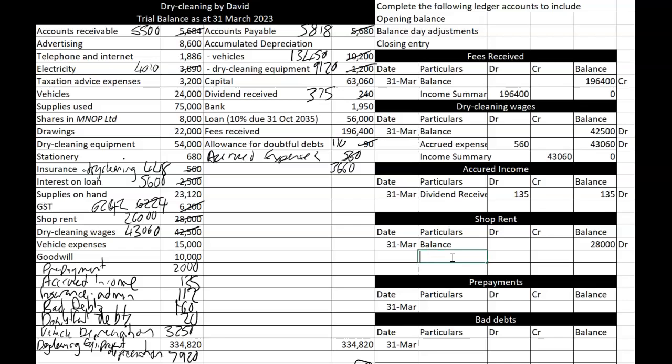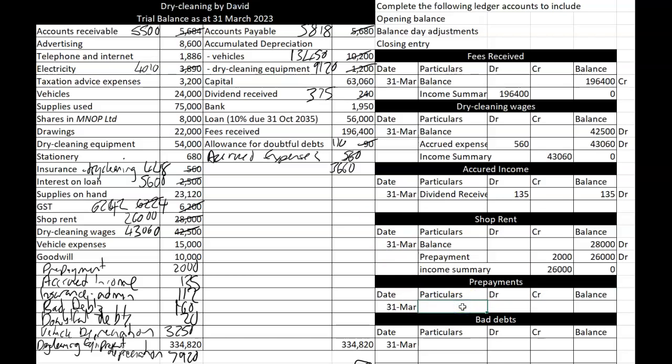No, prepayment. So that reduced our shop rent by 2,000, and that's the figure you've got at the end. Then because it's an expense, what do we close it to? It's an easy mark, that one. You've just got to make sure you do it and make it a zero balance at the end.